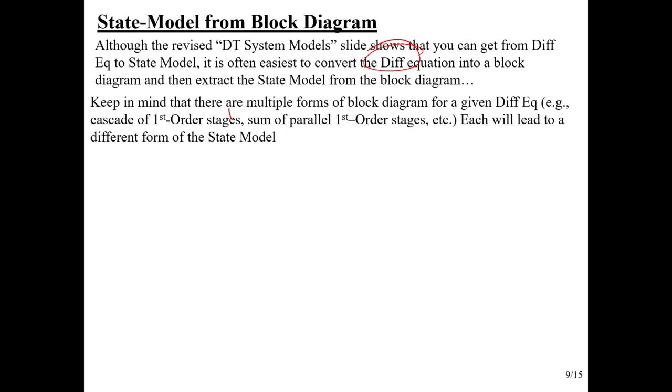Some of those I list here, and maybe you've seen those, but it's not important that you have that under your belt, so to speak, for this course. But just keep that in mind. Each of these different block diagrams leads to a different state model. That's kind of nice. We're seeing that there is a connection between the state model, so the structure of the A, B, C, and D matrices, as well as how we define the elements of the Q matrix, and how we draw out a block diagram.